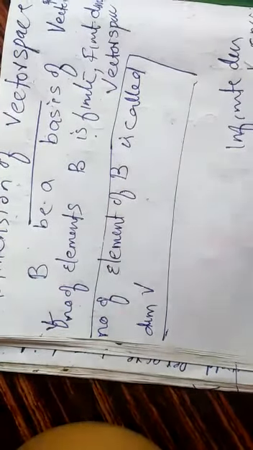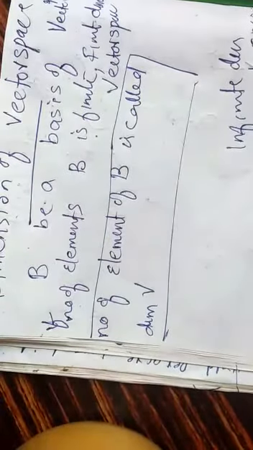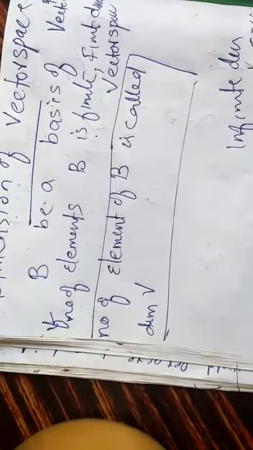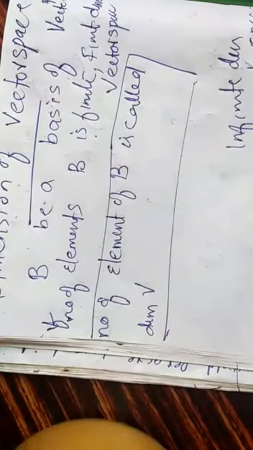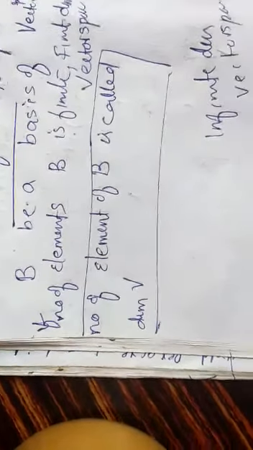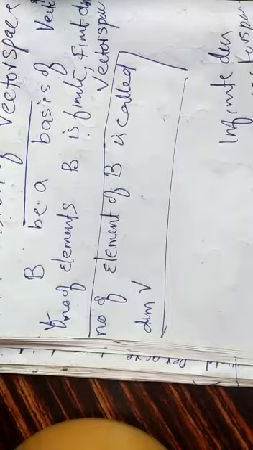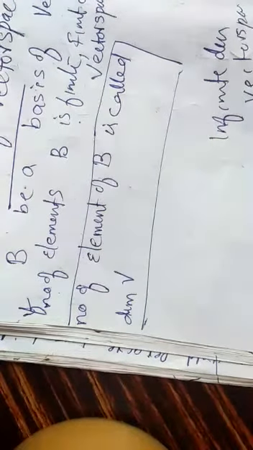If that basis has an infinite number of elements, then we can say that vector space is an infinite dimensional vector space. And that basis set has how many elements? The number of elements of that basis set is the dimension of V. Okay? Dimension of V is the number of elements of B.